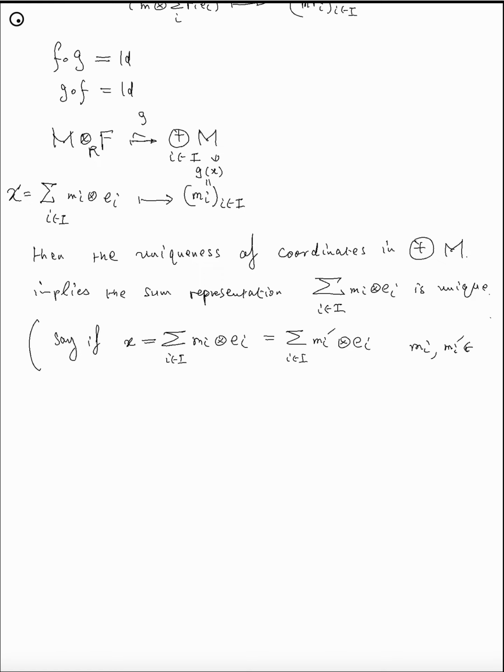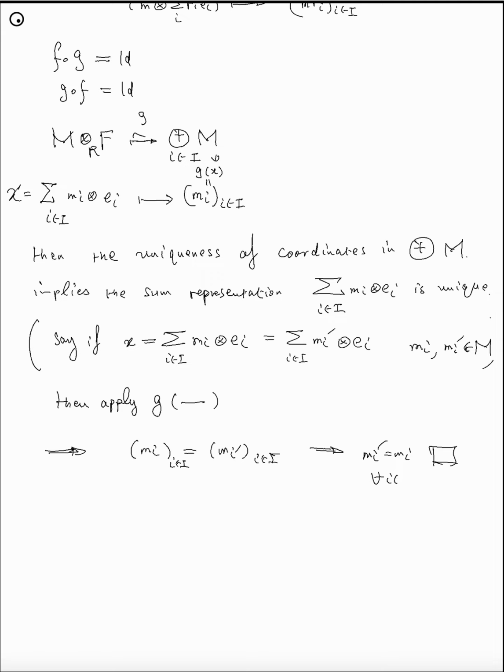I want to show they are the same, right? That's the uniqueness. Then apply G, and we have m_i equals m_i prime, right? And so we have proved they are the same. Proved the uniqueness.